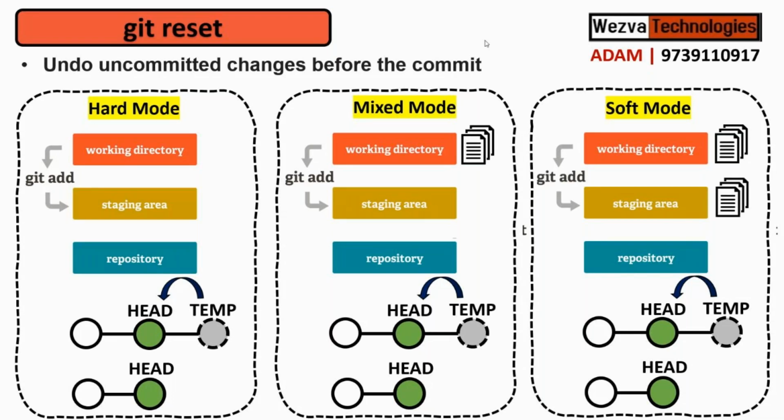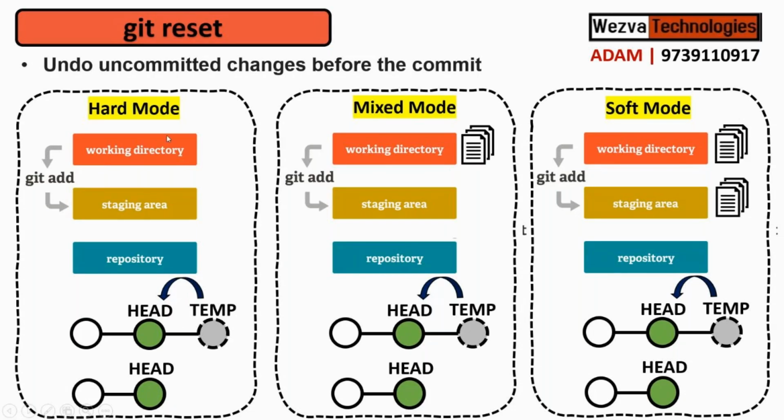At that time you should use mixed mode. But if you completely want to undo the files and do it from scratch, then you will be using hard mode. So in simple terms, soft mode works only on repository undoing. Mixed mode works on repository and staging area, whereas hard mode works on all three areas.